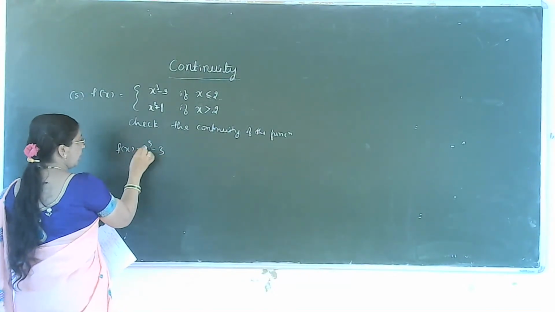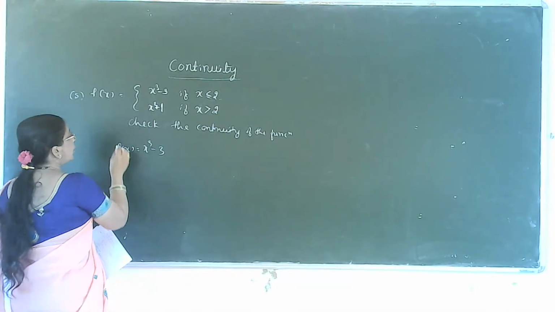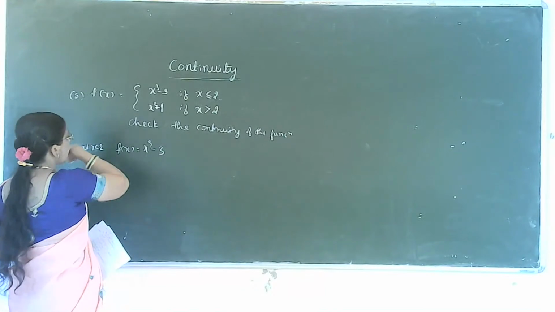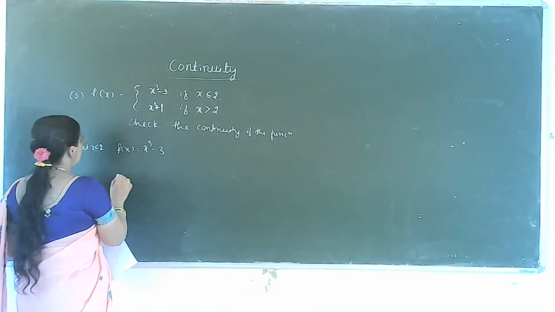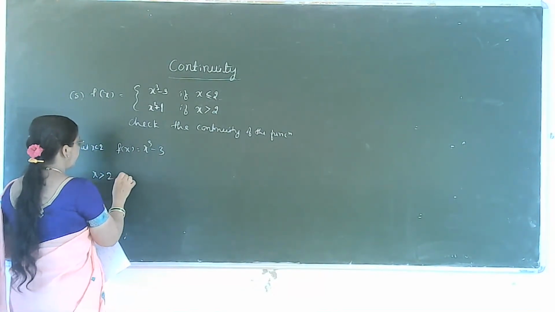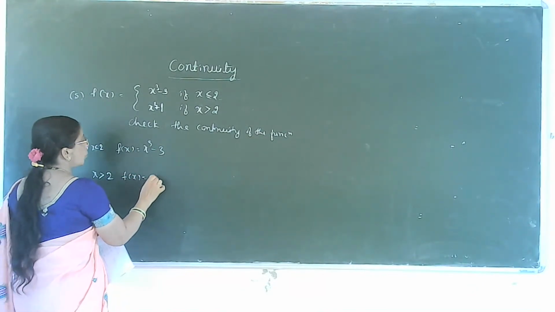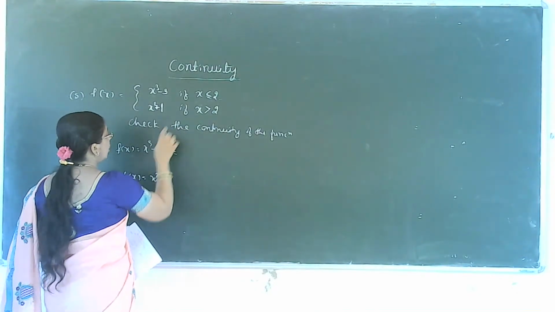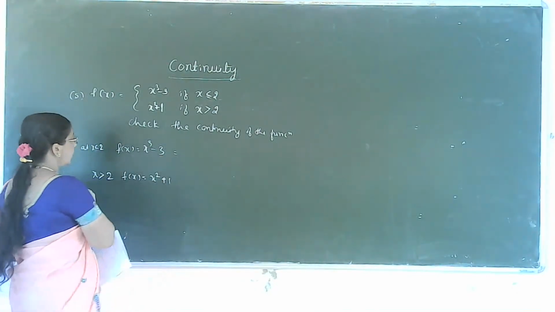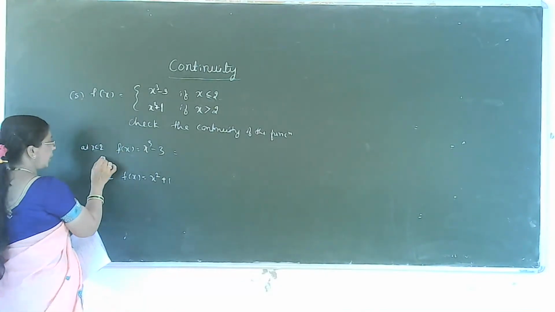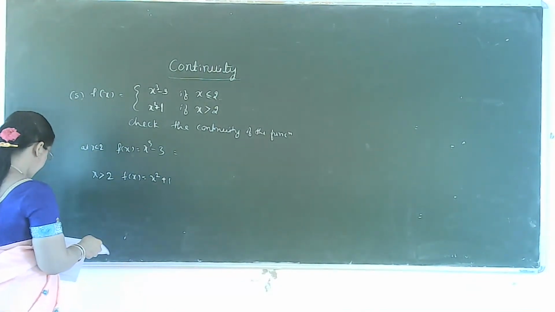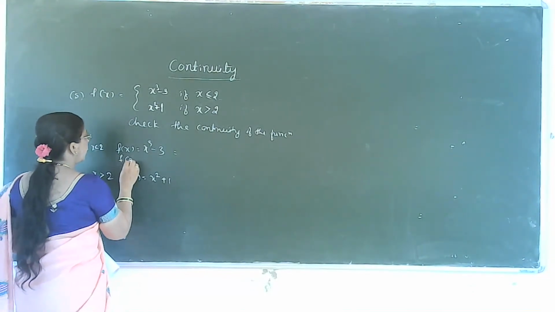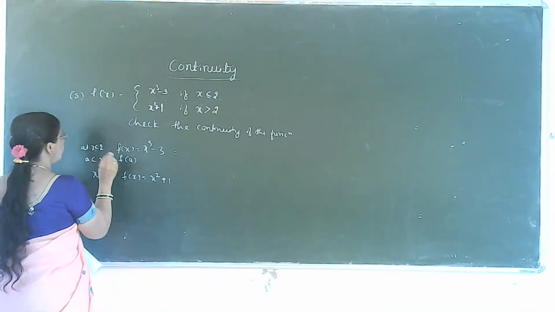f of x is x cube minus 3 for x less than 2. Then for x greater than 2, the function is x square plus 1. We check the continuity here. For x less than 2, take a as a point.